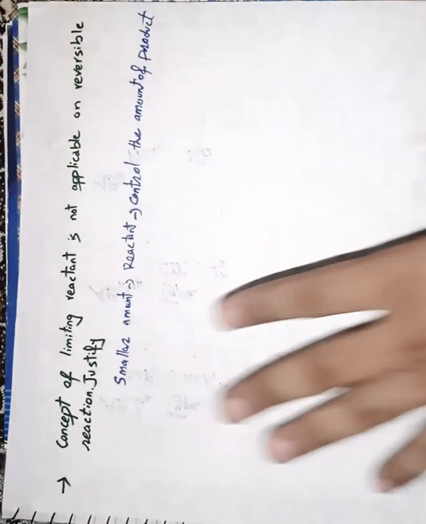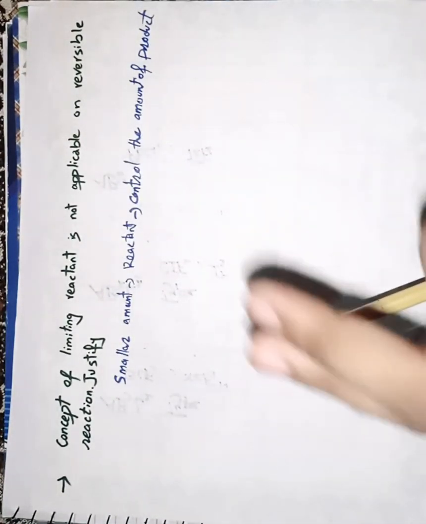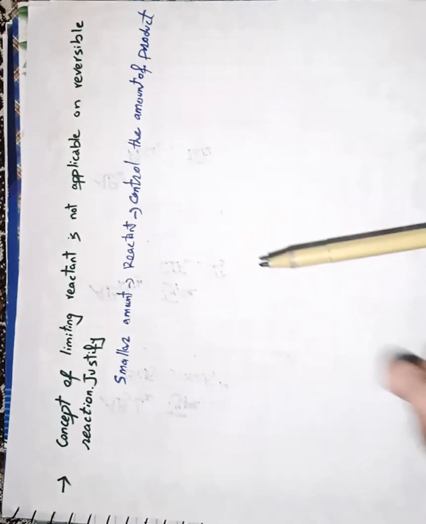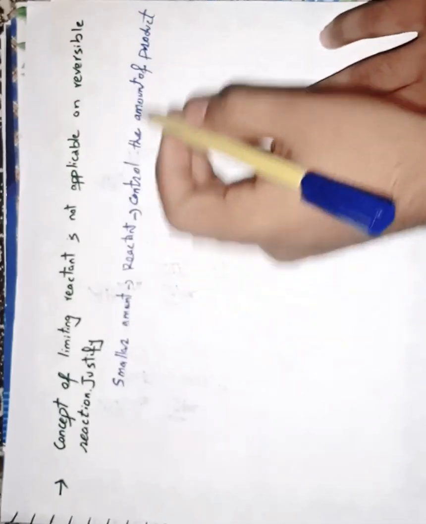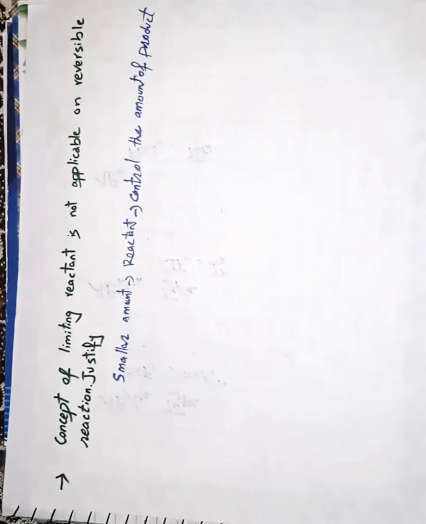This is the statement of limiting reactants. A reactant which has a smaller amount, is consumed earlier and controls the amount of product, as discussed in the example, as 2 mole is, we say it is the limiting reactant.